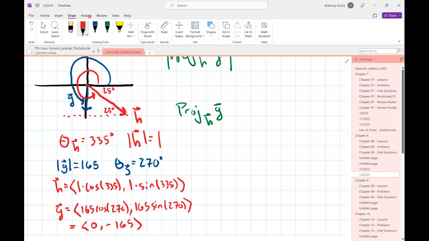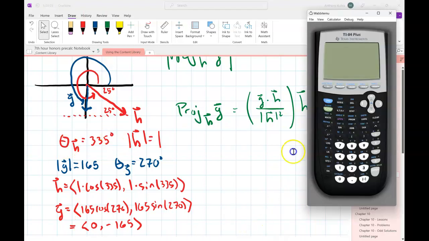All right. So my projection here is going to be G dot H over the magnitude of H squared, times H. Okay, let's do that dot product real quick. That's cosine 335 times 0. Well, I guess I don't need to do that part. And I'll have sine 335 times -165.